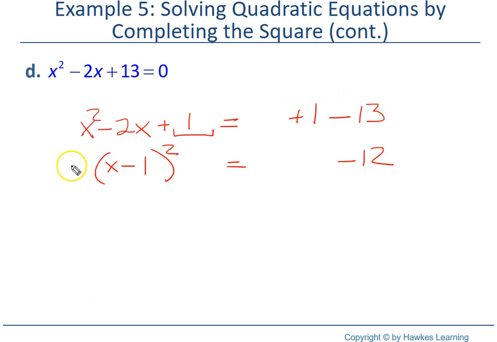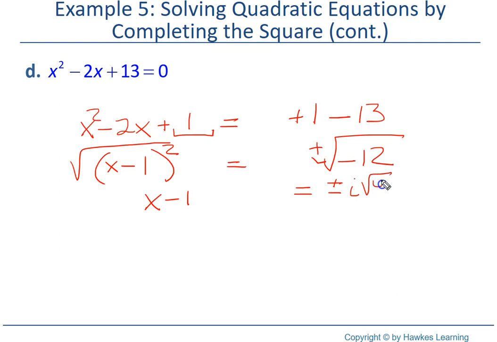So I take the square root of this, and I get x minus 1 equals, and I'm taking plus or minus, this. So plus or minus the square root of negative 12, which is going to be i, the square root of 4 times the square root of 3.